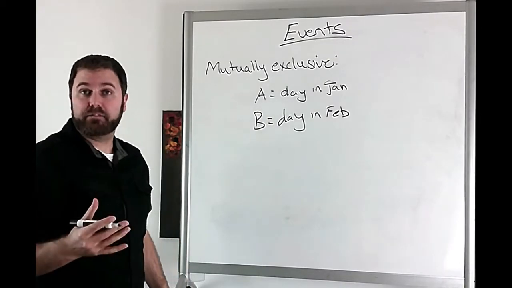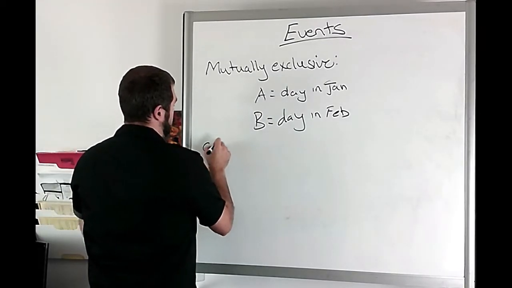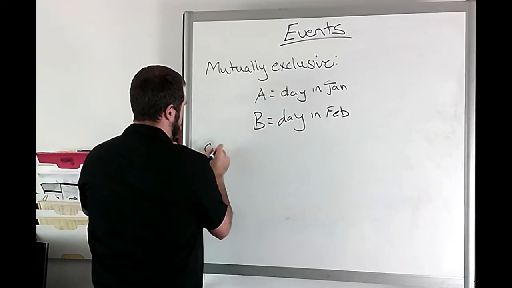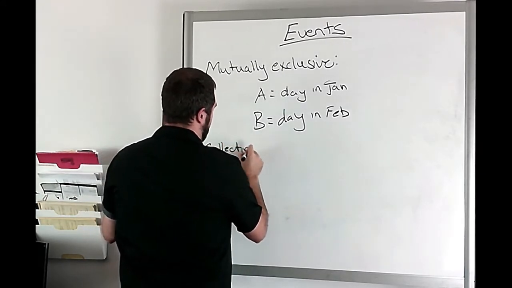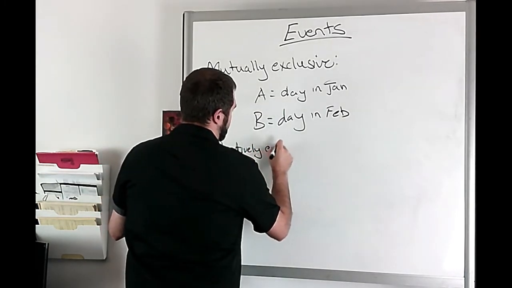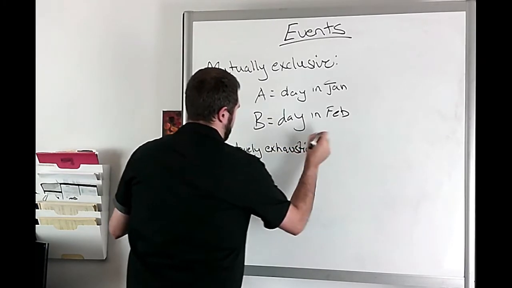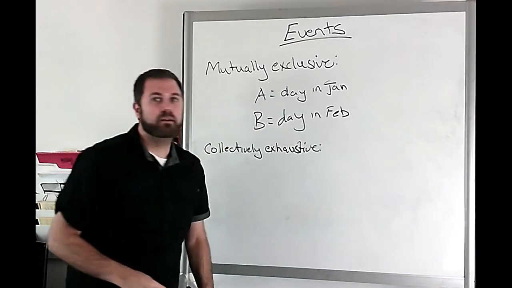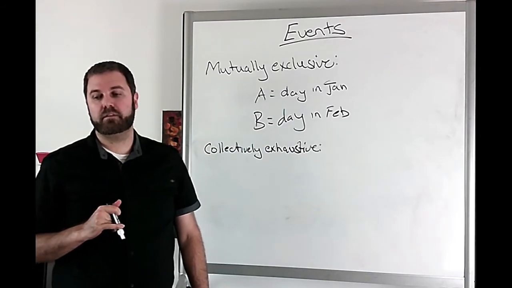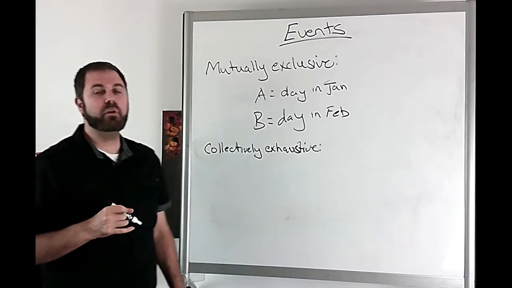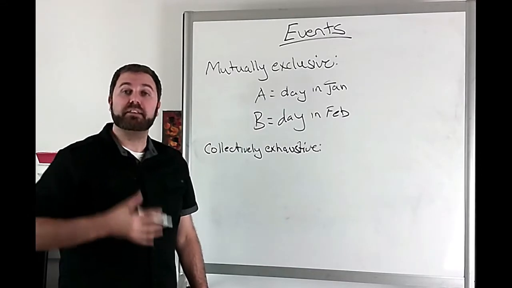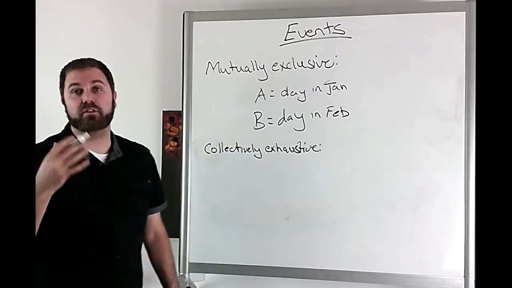So now let's take a look at collectively exhaustive. With a collectively exhaustive event, one of the events must occur, and the set of events covers the entire sample space.